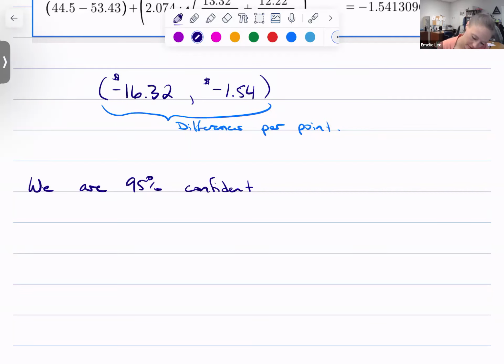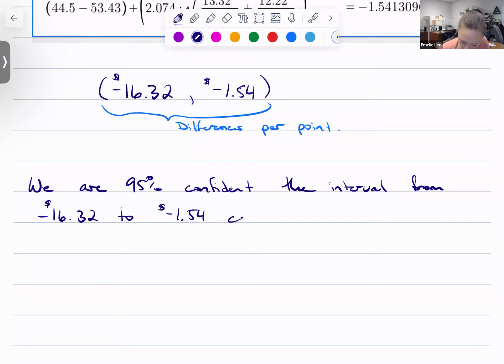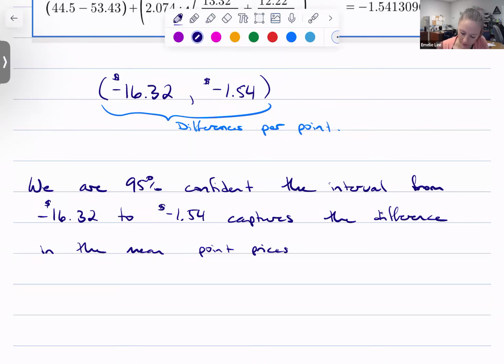The interval from negative $16.32 to negative $1.54 captures the difference in the mean point prices between 0.99 and 1.00 carat diamonds.